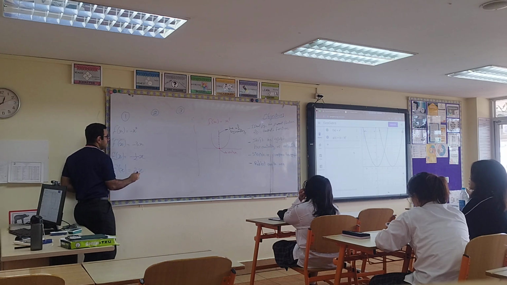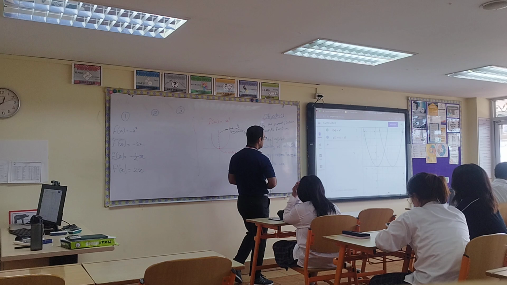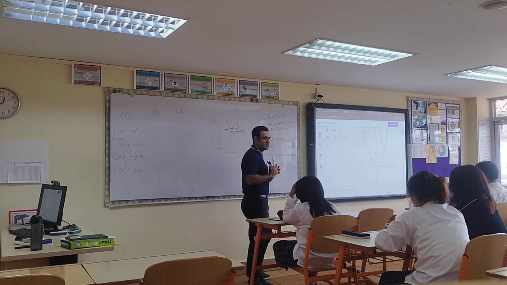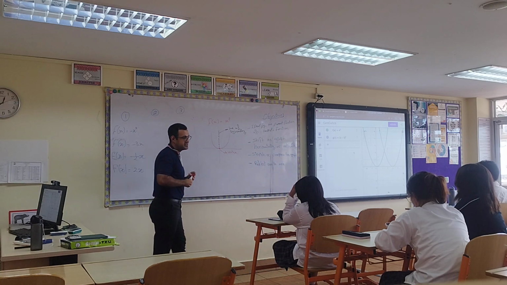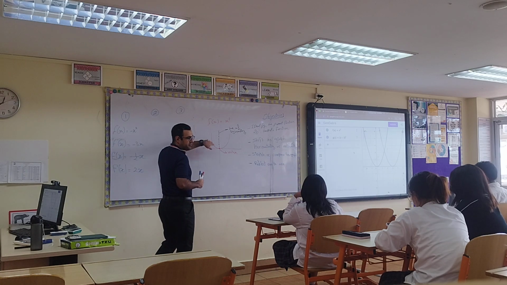Teacher, what's the name of this topic again? It's transformation of function. Transformation means what you studied in the first term, when I moved up, down, reflect, rotate. It's the same thing, but I'm going to do it for the graph of the function.